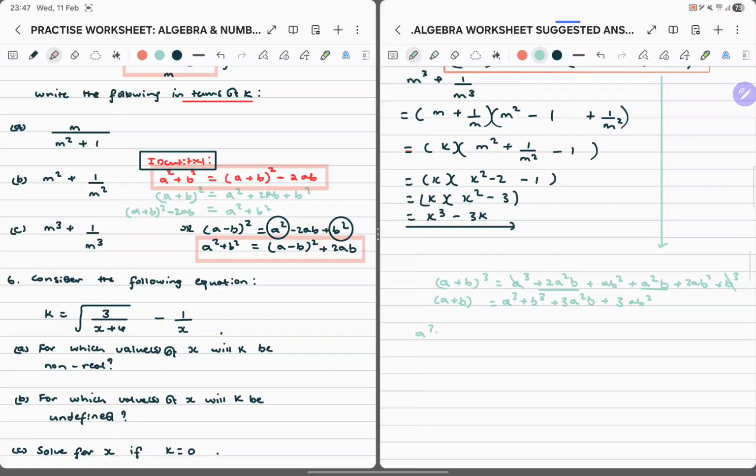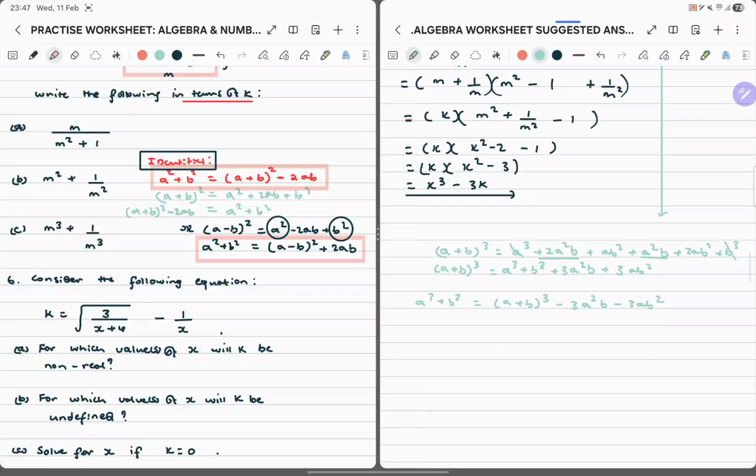And then of course we will have a cubed plus b cubed is going to be equal to, remember this is a plus b cubed, and then minus 3a squared b, minus 3ab squared.